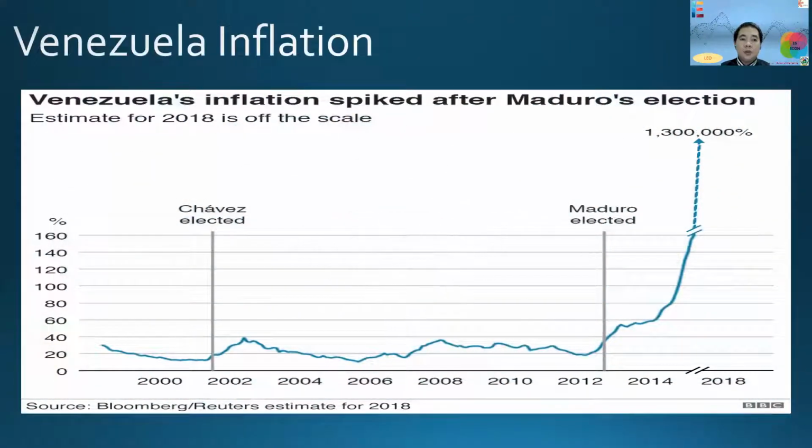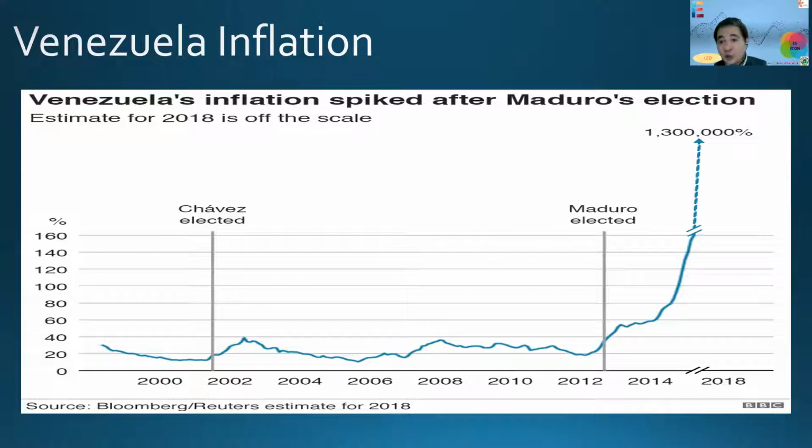When it comes to other nations, a basic example would be Venezuela, because the inflation of Venezuela spiked up to 1.3 million percent from 2012 up to 2018.